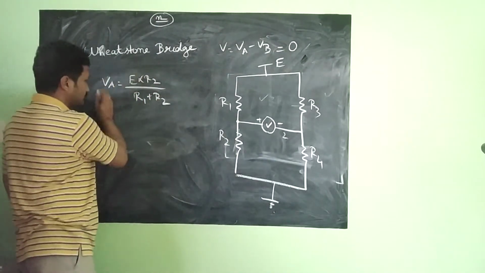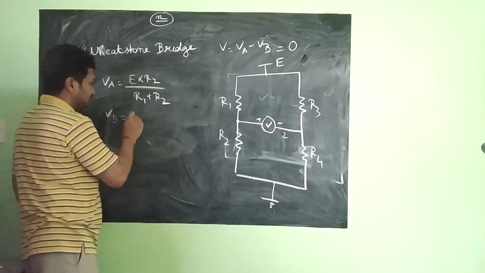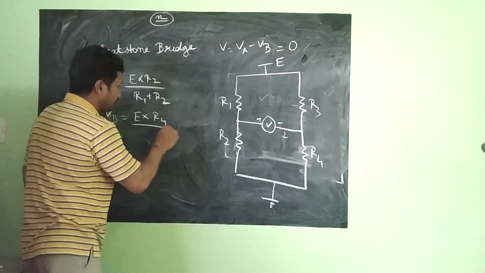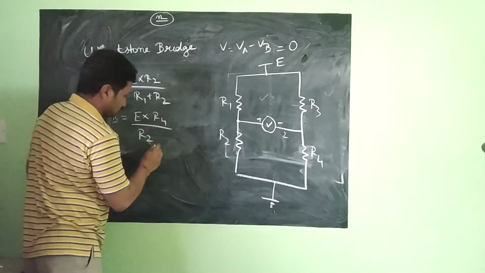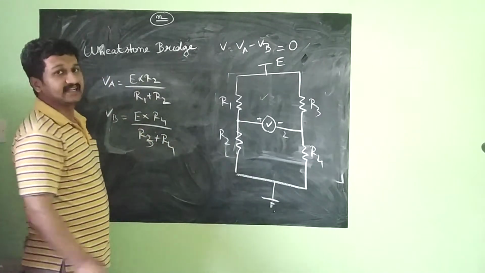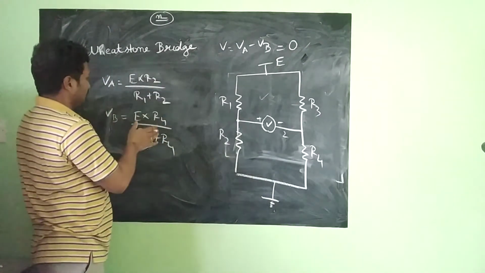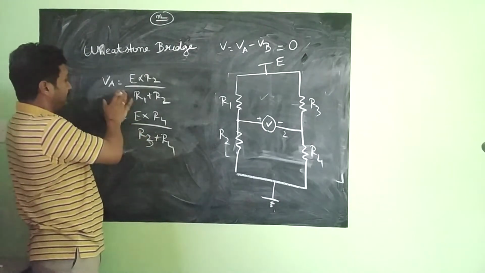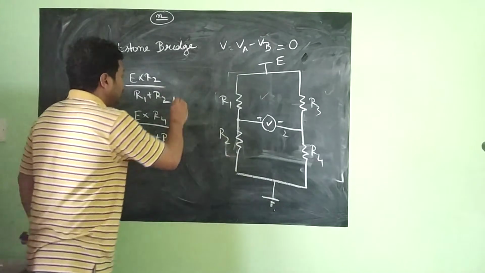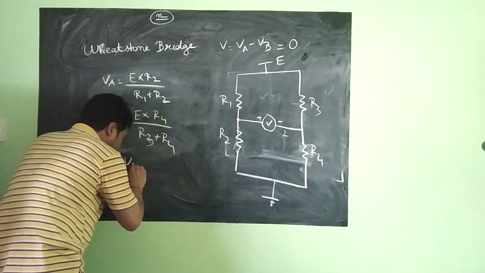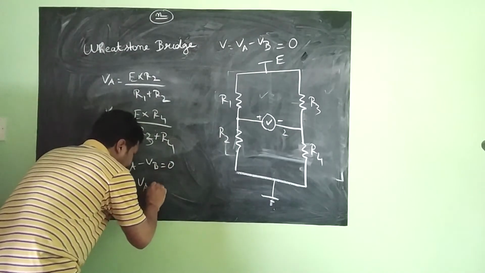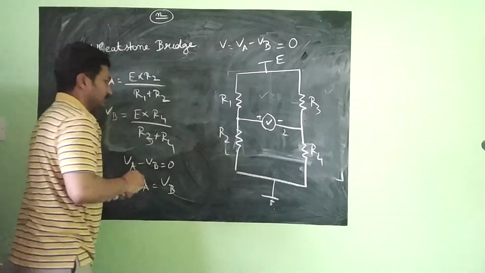Then VB is given by E into R4 by R3 plus R4. So these are the individual relations for VA and VB. So in the balanced condition, as I said earlier, VA minus VB equal to 0, which makes VA equal to VB.